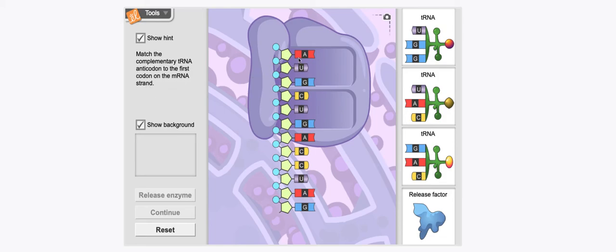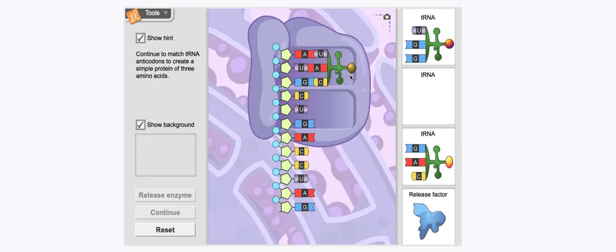So what is a codon? A codon is 3 nitrogen bases that are going to code for an amino acid. So we need to find the transfer RNA piece that has the anticodon, which means then an A again pairs with U, a U pairs with A. So UA, so far it's looking like this is going to be our anticodon.